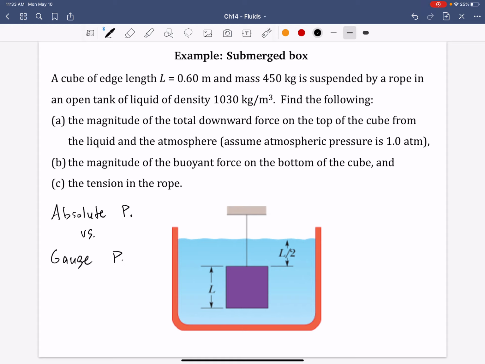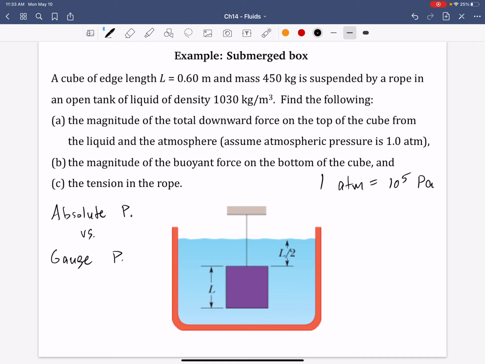When you're above the atmosphere, in other words, outer space. So atmospheric pressure is measured from space, basically, at the top of the atmosphere. Gauge pressure is measured from sea level, where the atmospheric pressure is 1 atmosphere. And by the way, this 1 atmosphere is also defined as 100,000 pascals. So keep that in mind: two types of pressure. Absolute, measured from a pressure of 0. Gauge pressure is always measured from the atmospheric pressure.